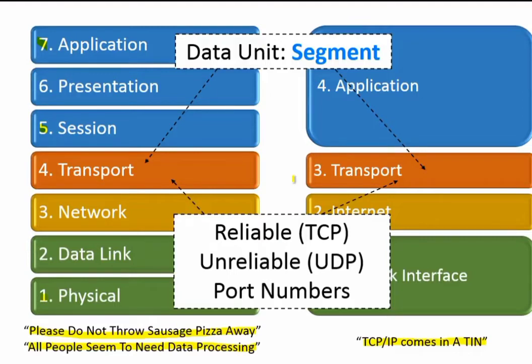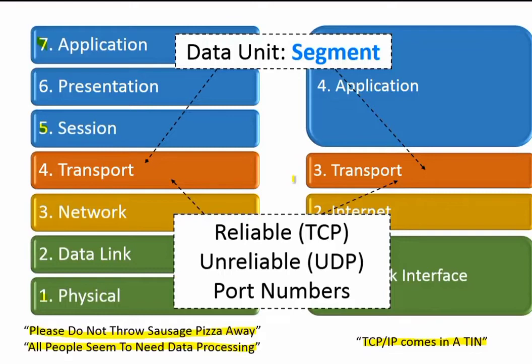So if your traffic is going to a web server, it has a standard port number of 80. So if you're going to an IP address 10.10.10.10, for instance, just an example, at the transport layer it takes 10.10.10.10 and adds a port number of 80. So it creates a socket.